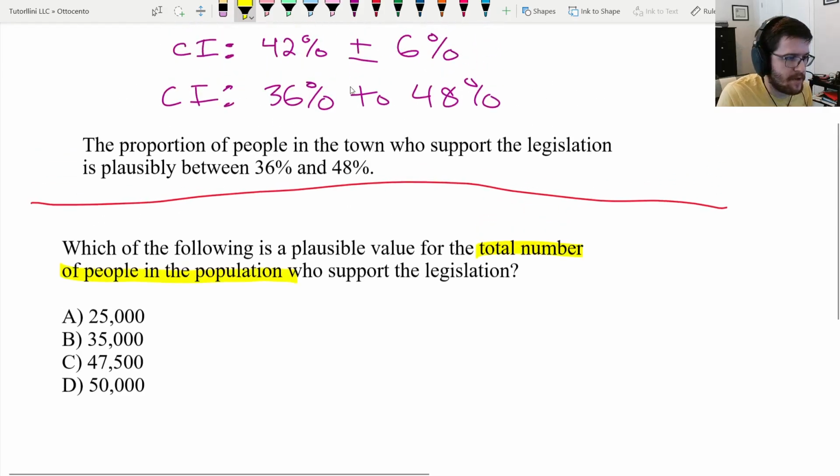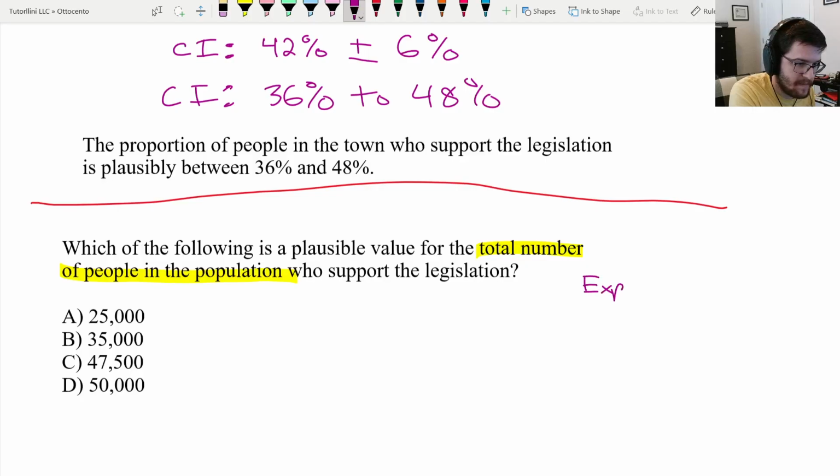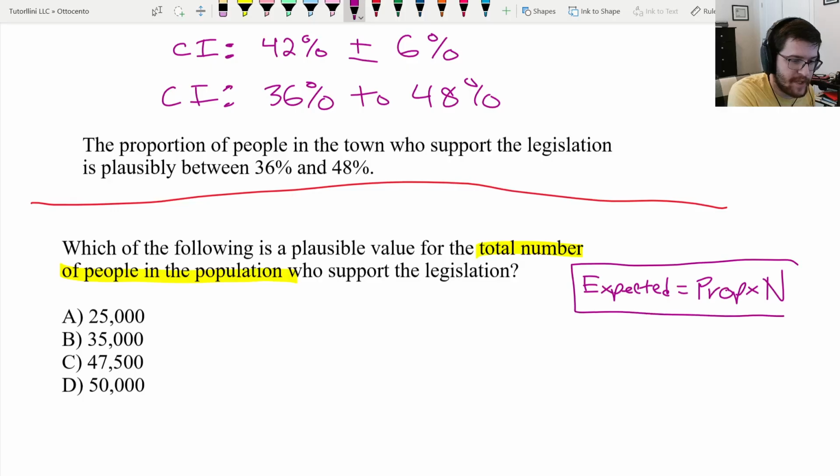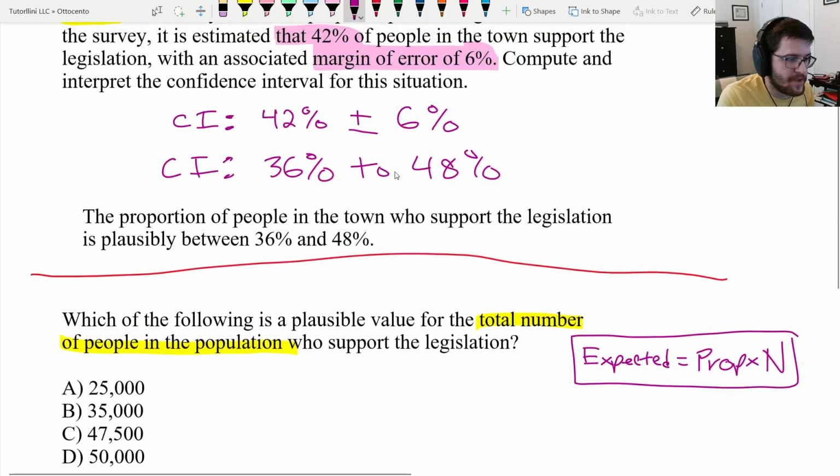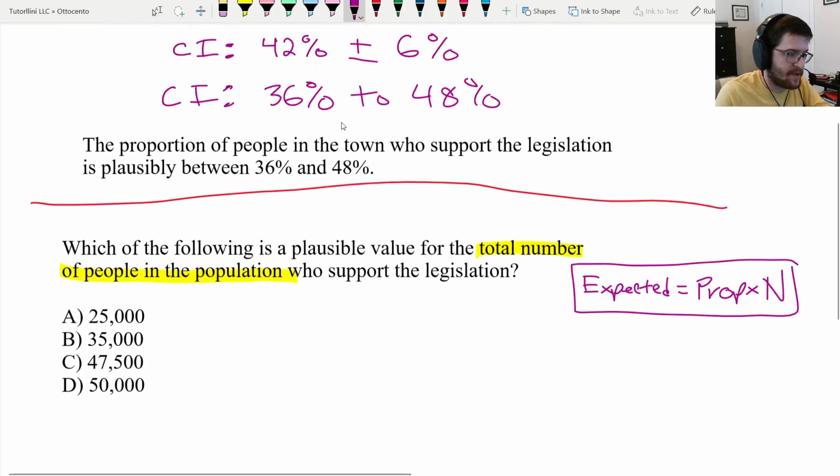This is something we'll go over more of in a future video, but to find the expected number of people that would vote, we're going to do the proportion times capital N, which is the population size. Little n is the sample size.